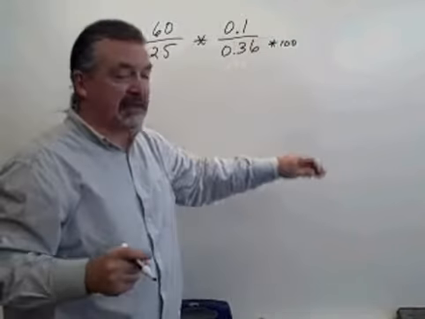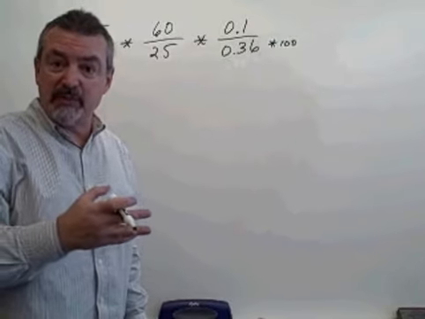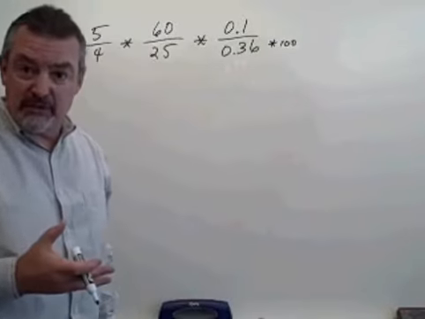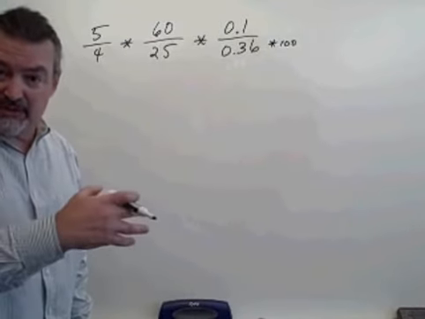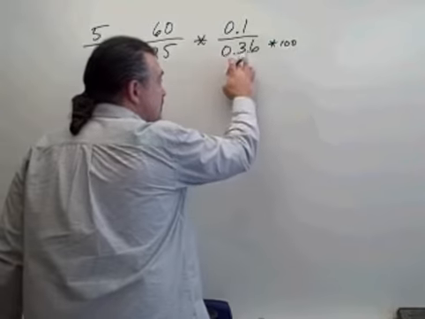Remember, when you multiply by numbers like 10, 100, 1,000, it moves the decimal point the same number of places to the right as the number of zeros in the number. So if you multiply by 100, it would move the decimal point of the other factor 2 places to the right, which is what I want to do.